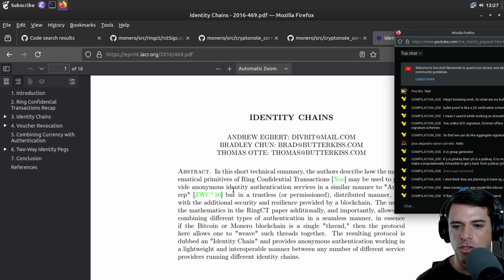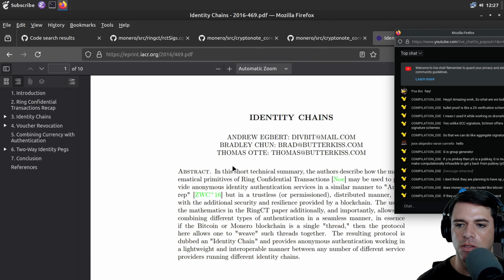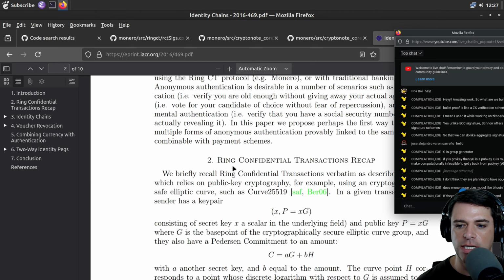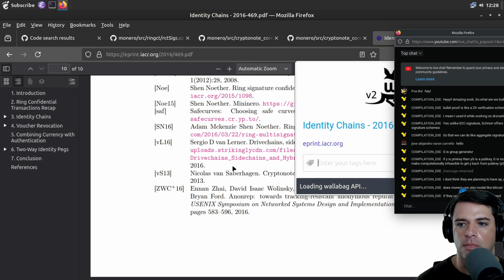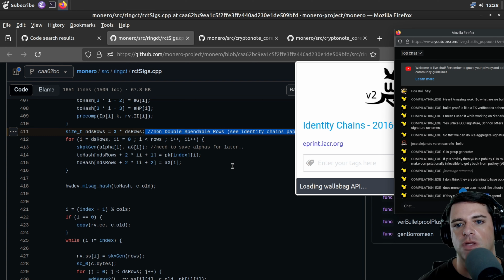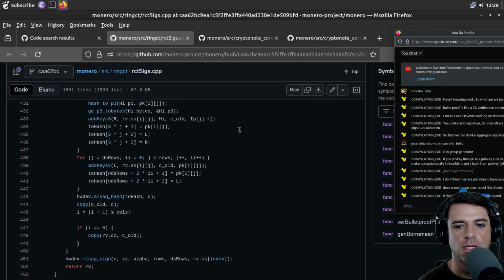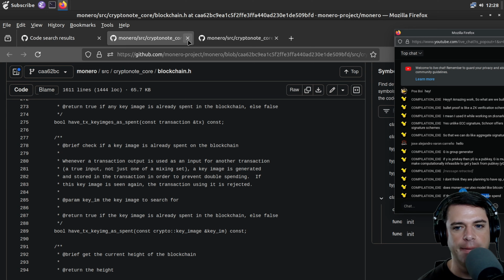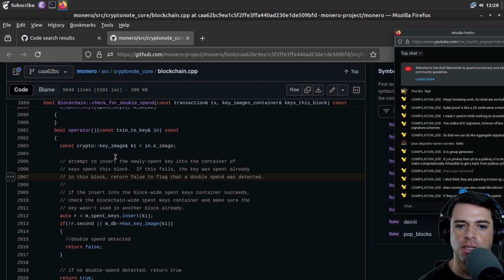Okay, so this seems to be, what year is this? From Butterkiss, butterkiss.com. So this is more recent than the Ring CT v2 thing, but it refers to some paper so that you can look up what's going on crypto-wise. And that has something to do with double spends. And I think that's basically about it.